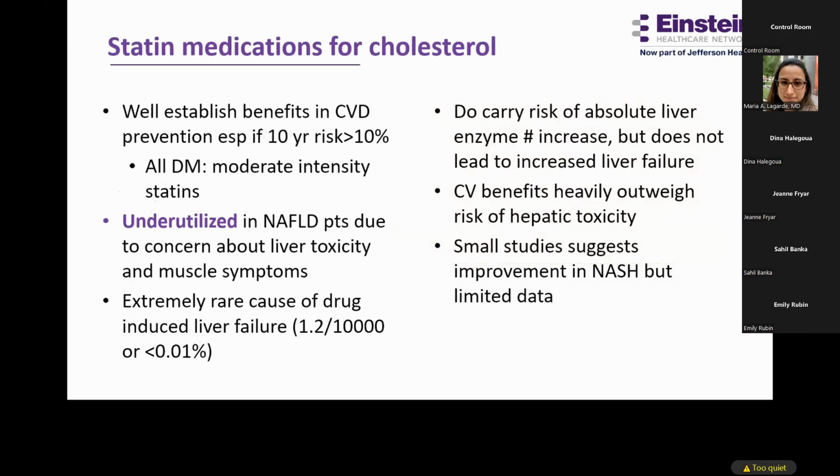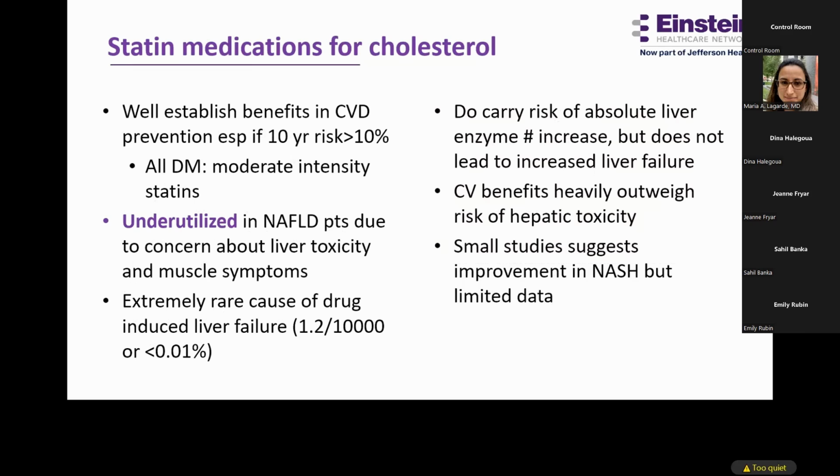What about statin medications? This is really a question I get asked a lot, and I work with our hepatologists to help patients get on statin medications when they are indicated. There's a lot of data now, 20 years or more, that statin medications lower your risk of cardiovascular disease, especially if that 10-year risk score is greater than 10%.